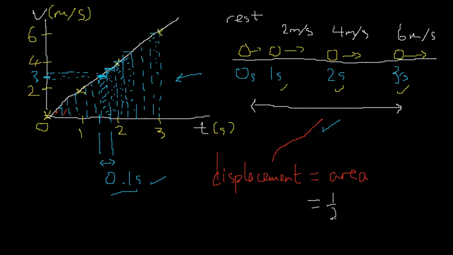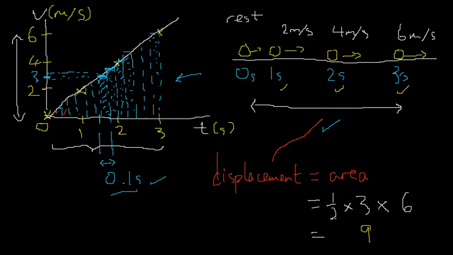The base is the 3 seconds. So half times the base times the height, let's see, that's the height, it's 6 meters per second. Half times 3 times 6, and therefore the answer is 9. Units is in meters.